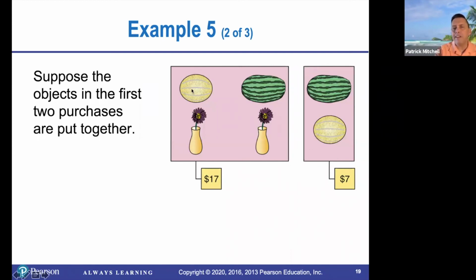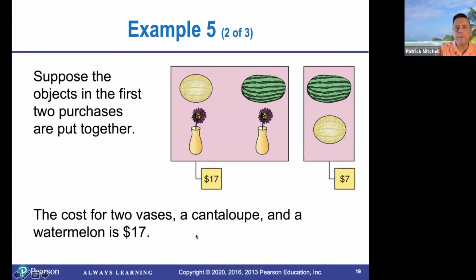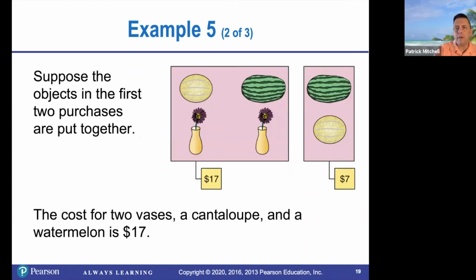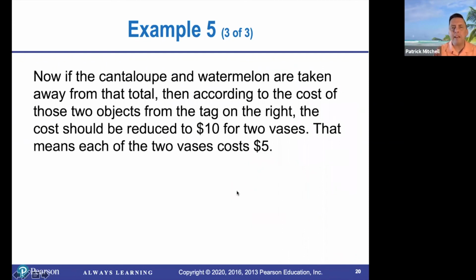So if we were to take the cantaloupe and the watermelon away from this purchase, we would be left with $10 worth of stuff, $10 for the 2 flowers in a vase. All right. You see that? Take these 2 things away. That takes $7 off the purchase price. So that must mean that these 2 things cost $10. And that means each of the 2 vases costs $5.